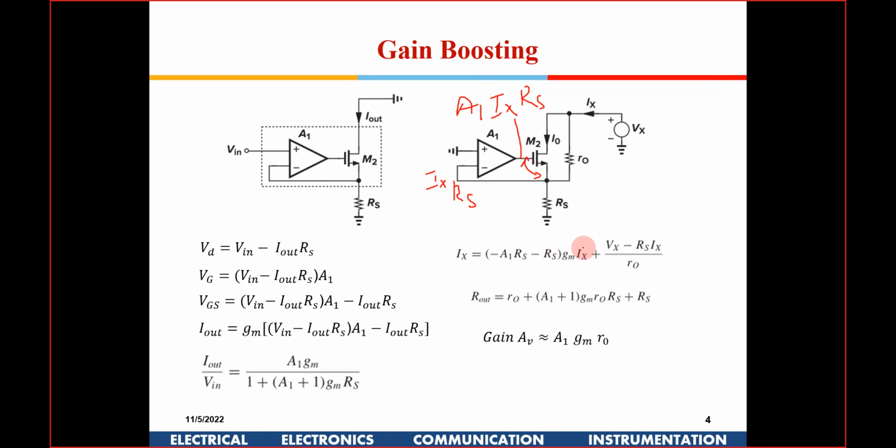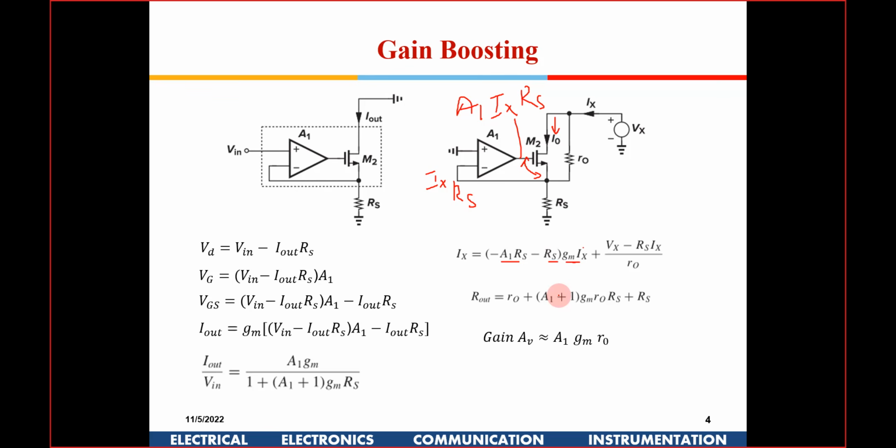So this Ix has been taken common out here. Is it understood? And this is going to be minus GM, so this current is flowing in this direction, right? This is negative out here, this is ground, and hence this negative comes.